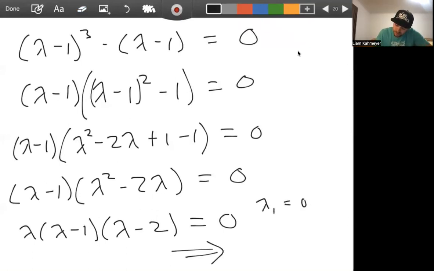Lambda 1 equals 0, lambda 2 equals 1, and lambda 3 equals 2. So we found the eigenvalues.